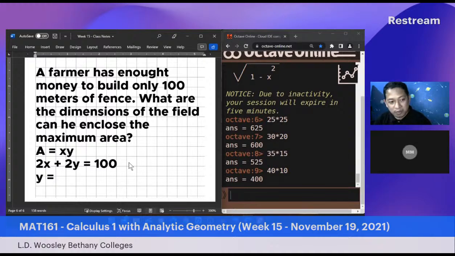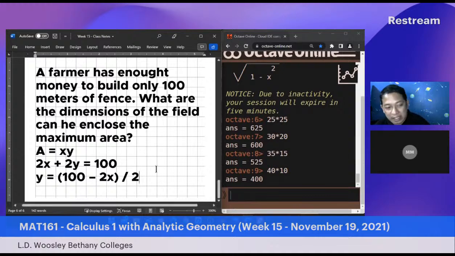So we could solve for y such that y is equal to 100 minus 2x all over 2. Wag muna tayo mag-conclude na square yung fence dapat. Though naabot tayo sa ganyang conclusion na magkakaroon tayo ng square fence. Okay? There will be a square fence that could have a maximum value.